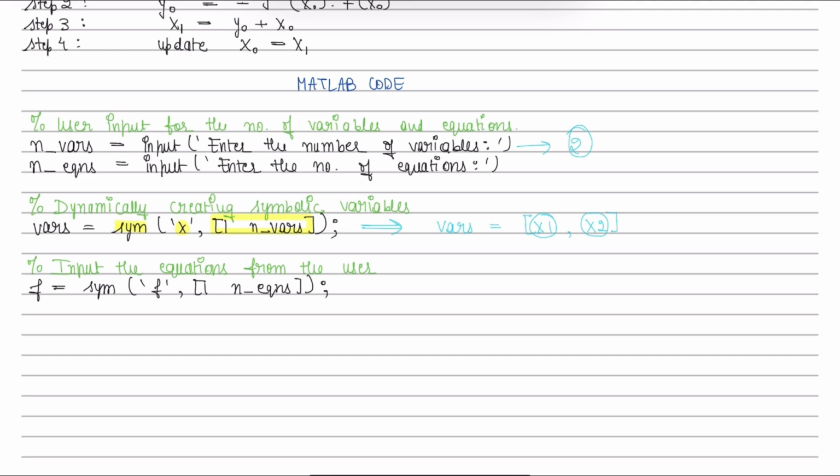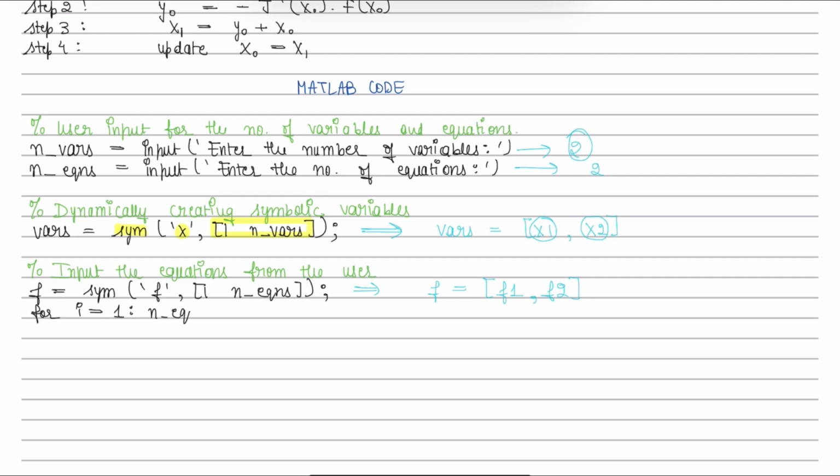Similarly, if we have entered the number of equations as 2 here, then this will give the output as F1 and F2, where F will be treated as my base name for the equations. To enter the equations, we use the for loop, which will start from 1 and run till the number of equations we have entered.